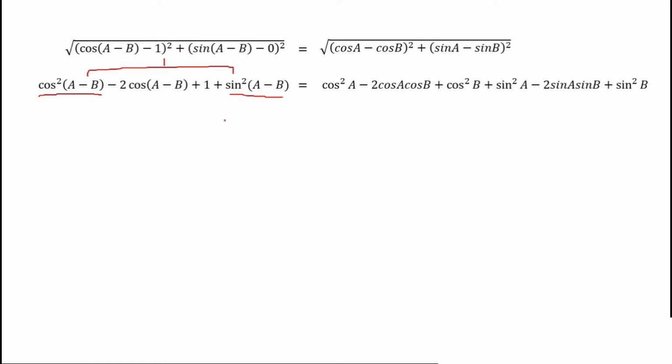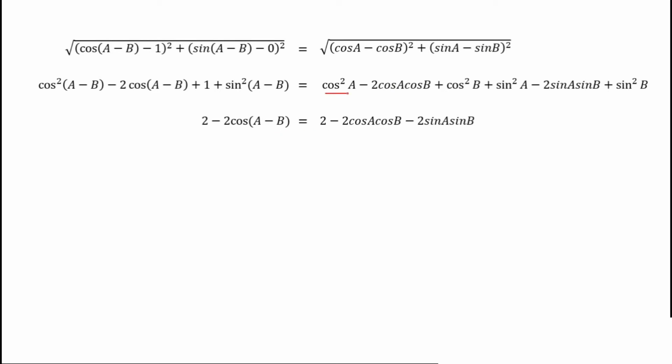It's the same idea that's going to happen on the right side. So this left side goes to 2 minus 2 cosine A minus B. And then the right side, well, we've got cosine squared A plus sine squared A. Well, that goes to 1. And then we've also got cosine squared B plus sine squared B. Those also go to 1. So 1 plus 1 gives you 2.